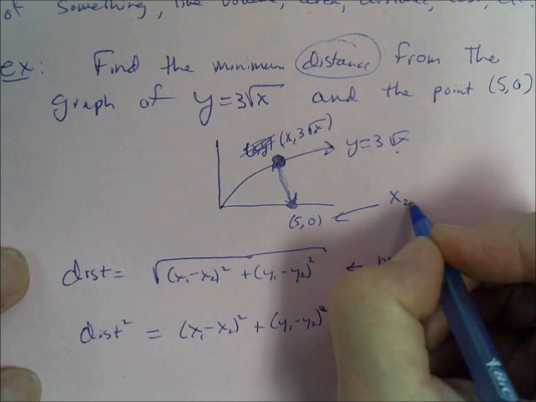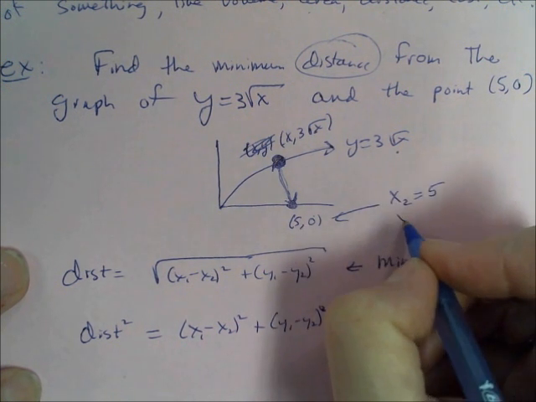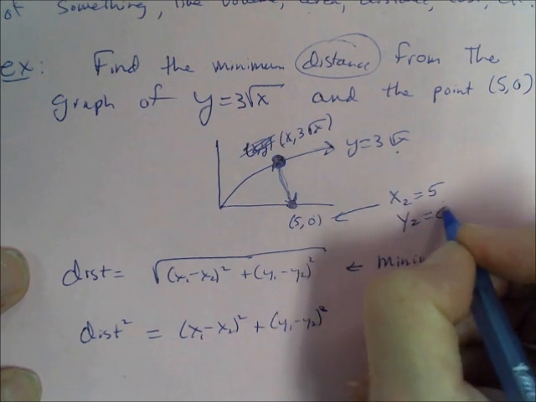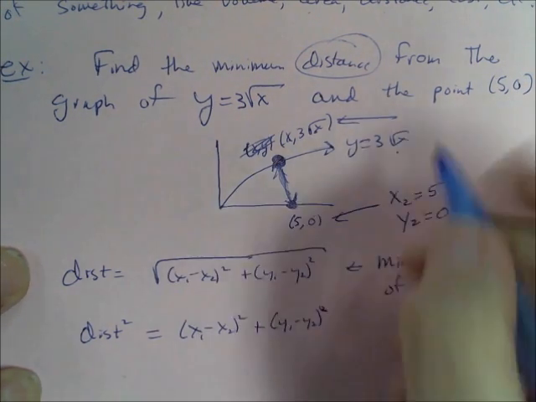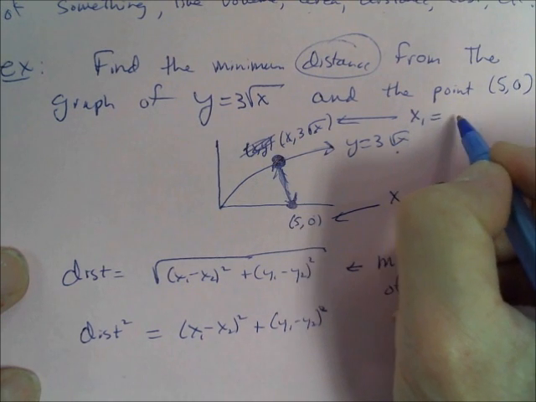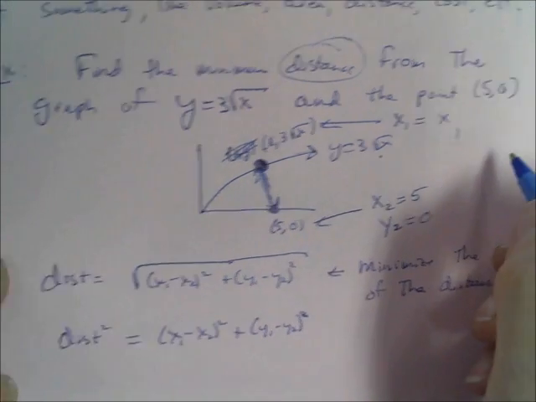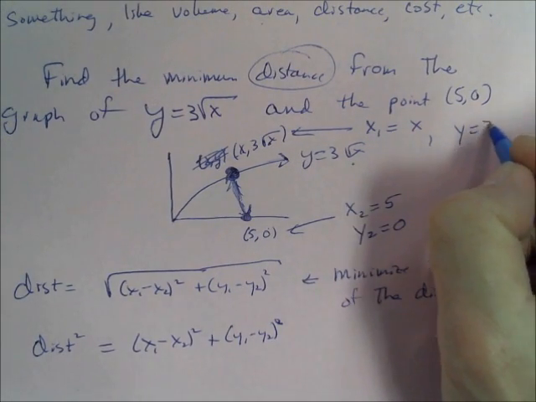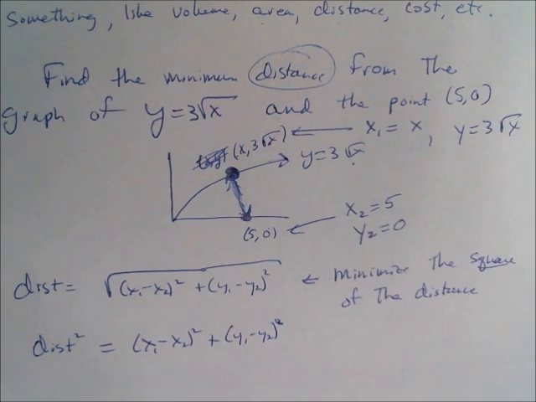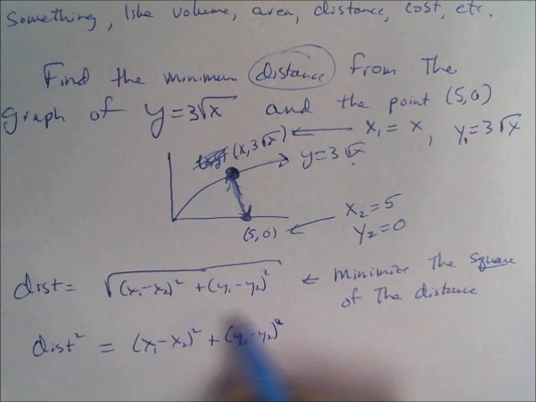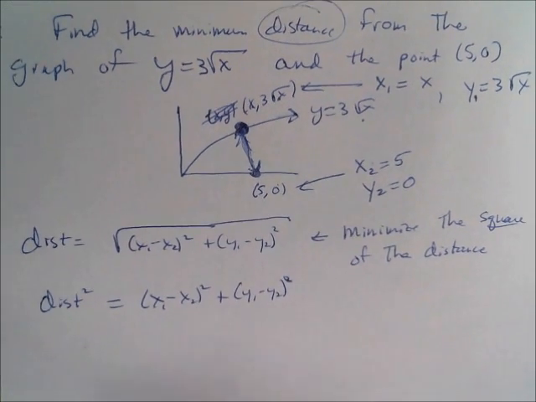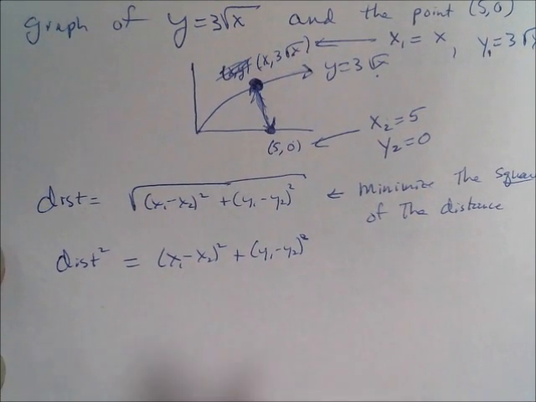So x2 will be equal to 5, y2 will be equal to 0, and this is the distance we're trying to find. So our x1 is equal to the variable x, and our y1 is equal to 3 square root of x. So we're going to plug x1, y1, x2, y2 into this distance formula, take the derivative, set it equal to 0, and make sure that we've got a minimum distance.